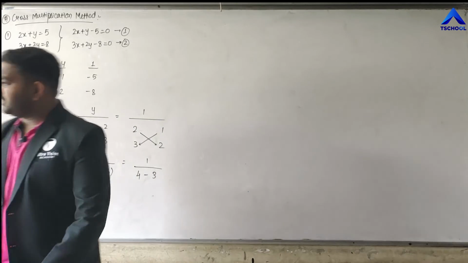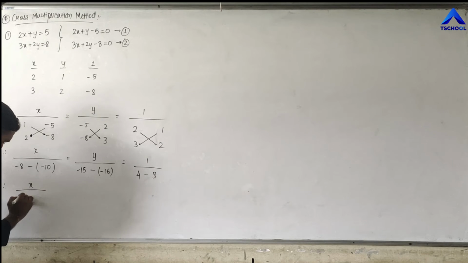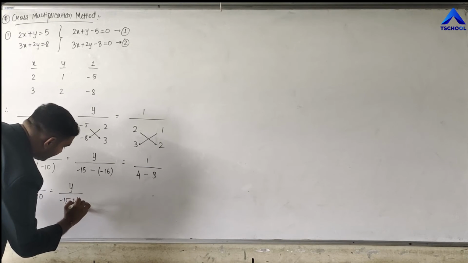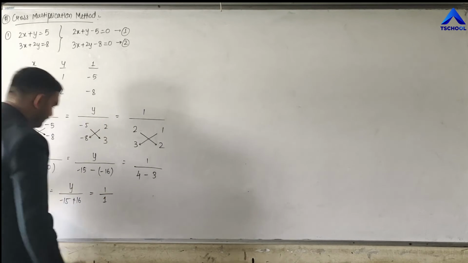So here this will be, therefore, x upon minus 8 plus 10 is equals to y upon minus 15 plus 16 and is equals to 1 upon 4 minus 3, which is 1. Right.